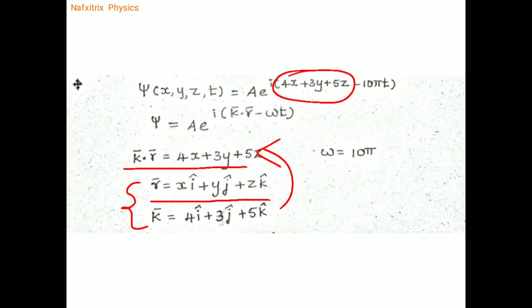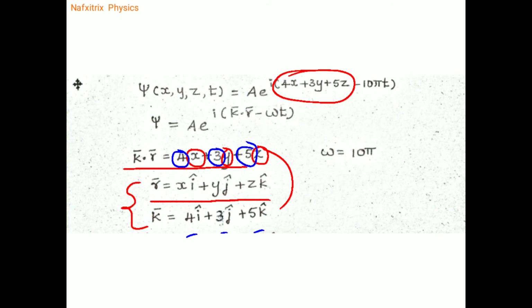Easily we can see that x, y, z are related to the position vector, and the remaining things are 4, 3, 5. So we can easily find k as 4 i cap plus 3 j cap plus 5 k cap. Finally we have found this wave vector, the propagation vector.